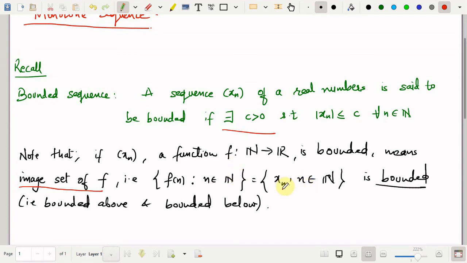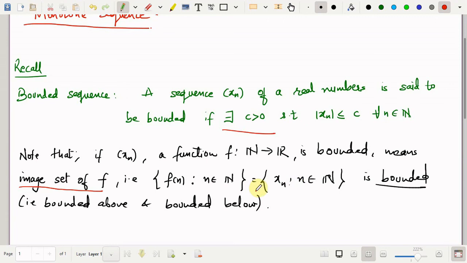So this set is the same as the set of all the terms in the sequence xn, n belongs to N, and it is bounded. That is, this set is bounded above and bounded below. Most of the time I use the term 'the given sequence is bounded above', which means this image set is bounded above.